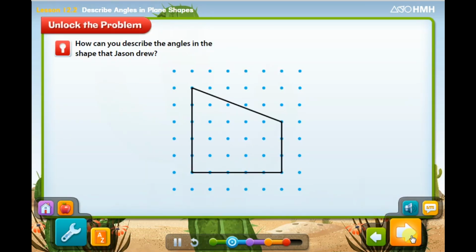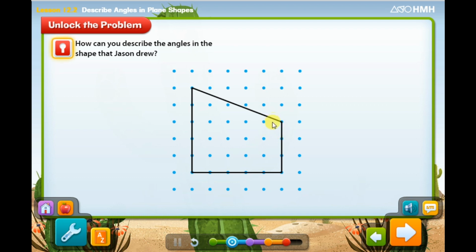Jason drew this shape on dot paper. How can you describe the angles in the shape that Jason drew? Let's unlock the problem. First, this shape has how many sides? 1, 2, 3, 4 sides and 4 line segments. Between each 2 line segments, there is a part of a circle.